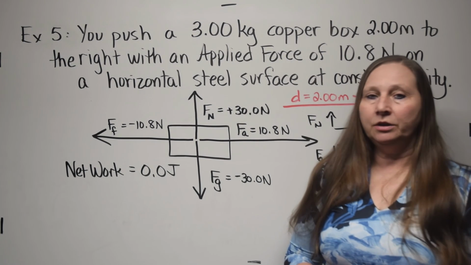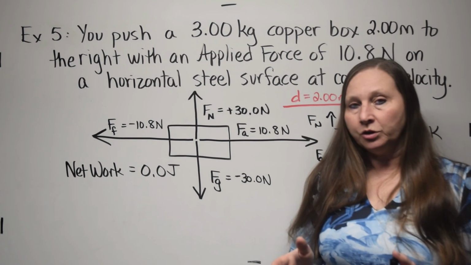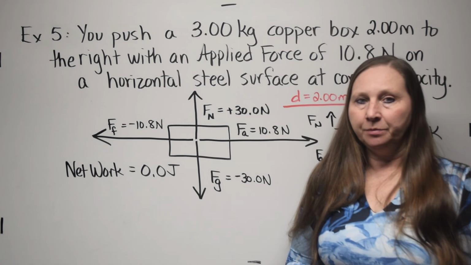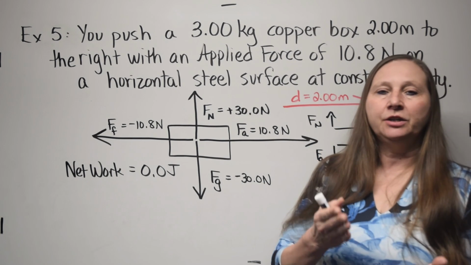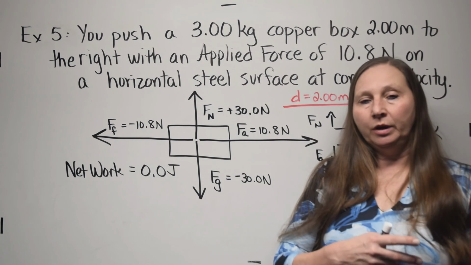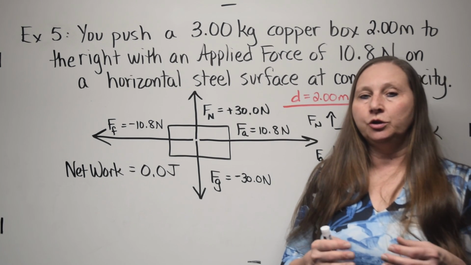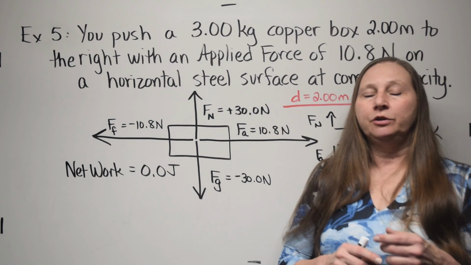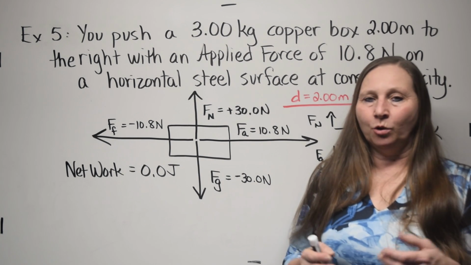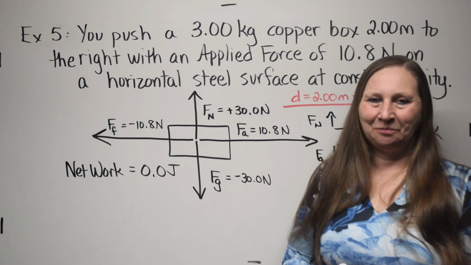Then you want to decide which force or forces are doing work. The way you make that decision, the force and displacement must be parallel. If they're both going in the same direction, the force is doing positive work. If the direction of the force and the displacement are opposite, then that force is doing negative work.